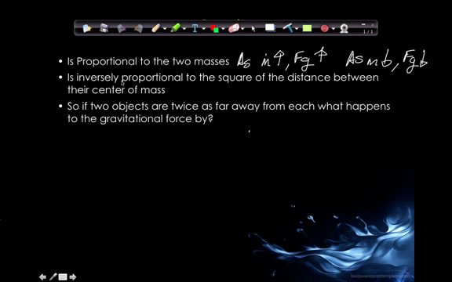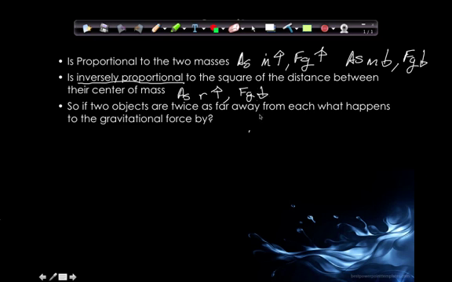Force of gravity is also inversely proportional to the square of the distance between their centers of mass. Let's go ahead and define inversely proportional. That is basically the opposite of proportional. So as your distance increases, force of gravity should decrease.